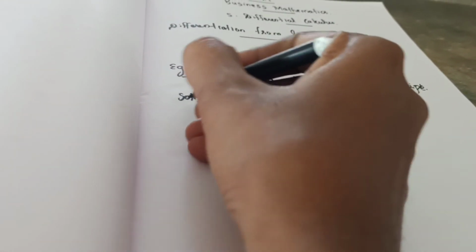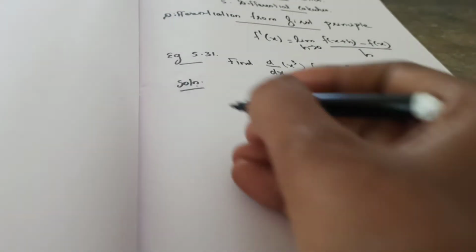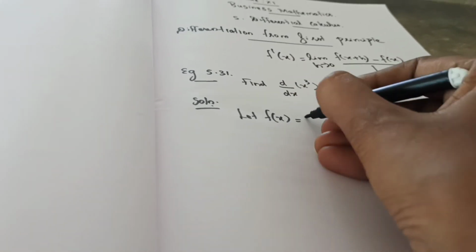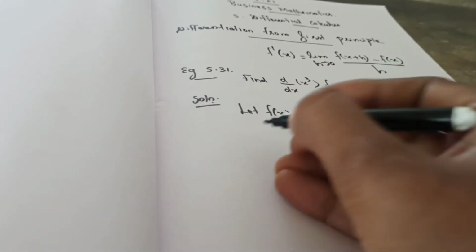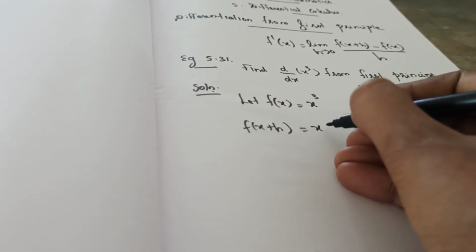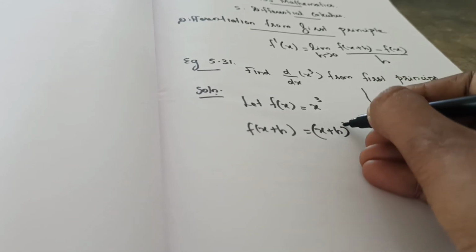So solution, let f of x is equal to x cube. So f of x plus h, what will you get? f of x plus h is equal to x plus h the whole cube.